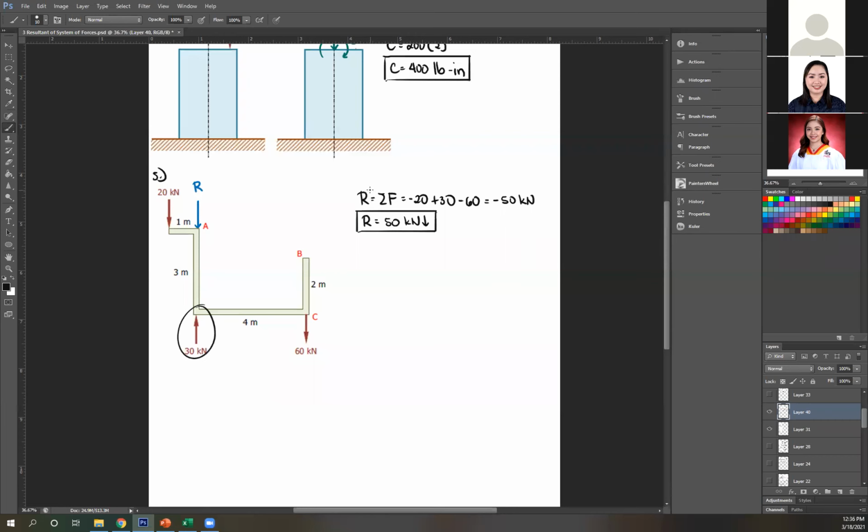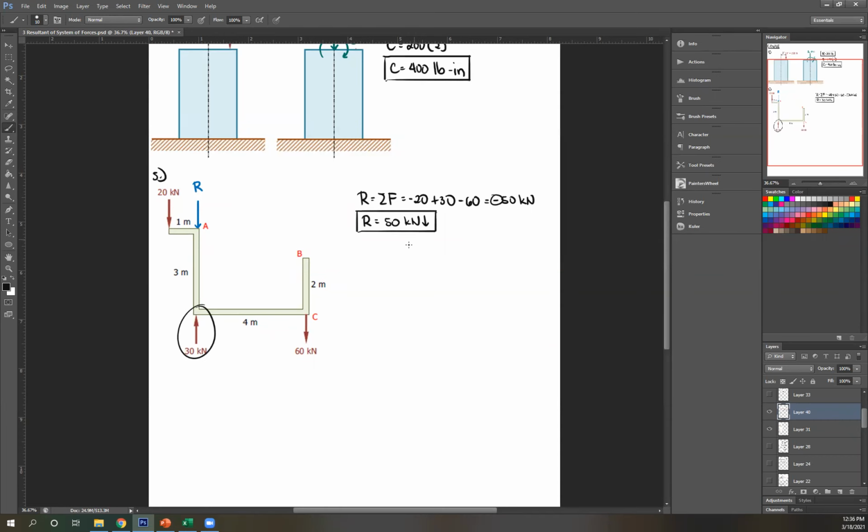Remember, I'm not equating anything. I'm just getting the value of R. So whatever the sign of that is the direction of my unknown value. Unlike earlier, I was equating something to another equation. So if I get a negative, that means I did it incorrectly. Okay? Remember that. Remember what happens when you get a negative sign. Okay, so that's my R.